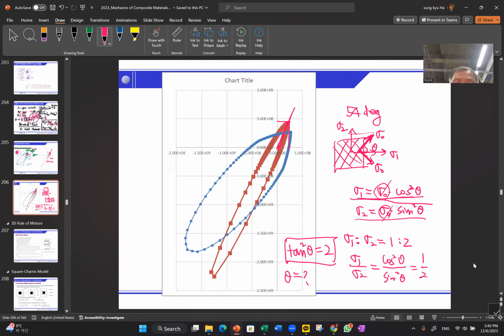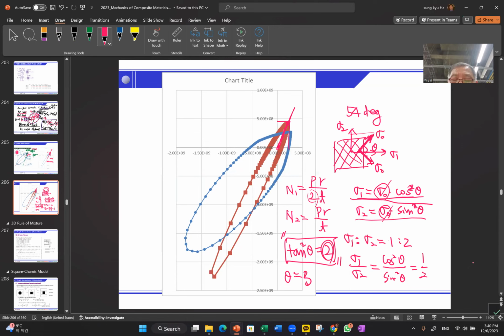We should remember that this 2 comes from the 2:1 ratio. Again, I'd like to remind you that N1 is PR/2T and N2 equals PR/T. So there will be a 2:1 ratio. That's why there is a 2 here, and the square comes from the stress transformation.